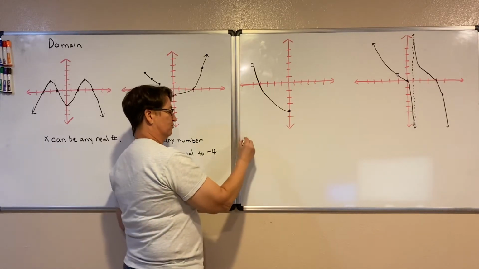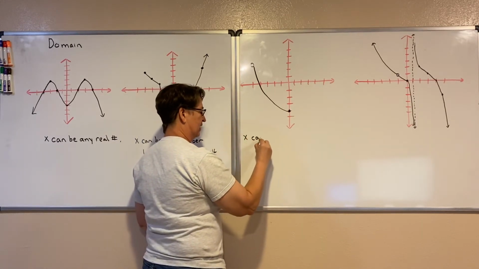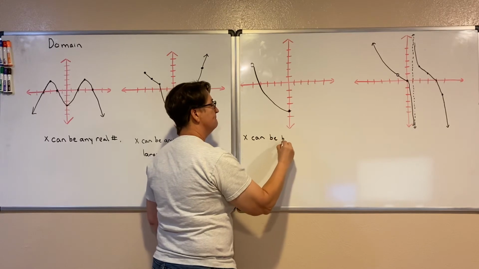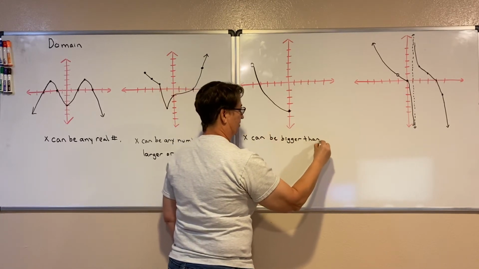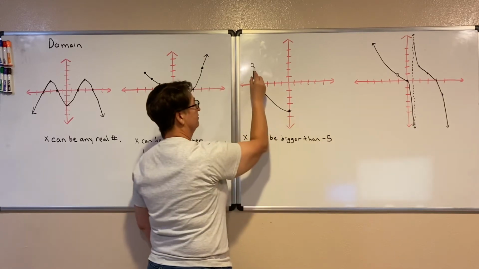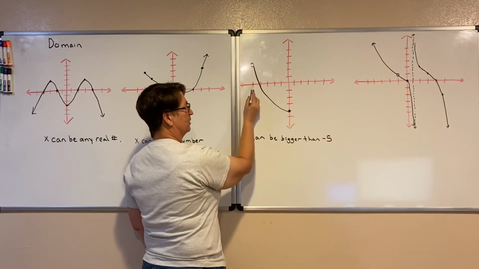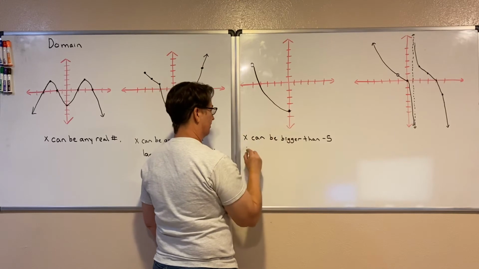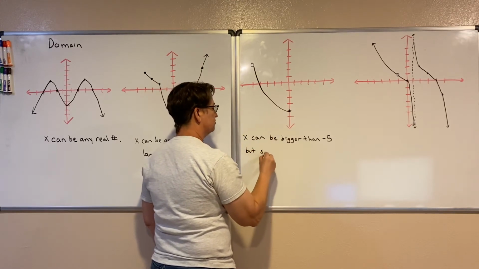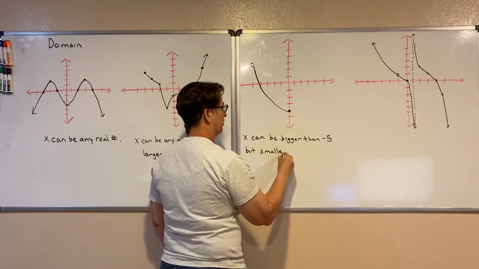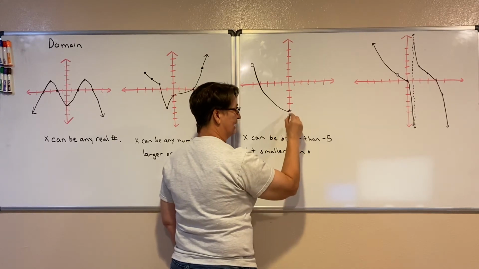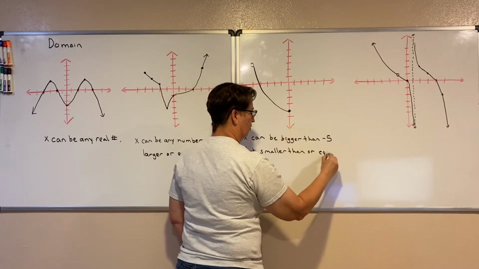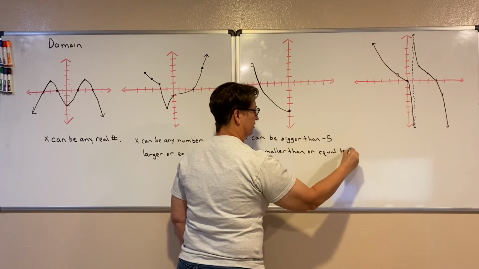So in this case, my x has to be bigger than -5, but smaller than, or equal to, 0.